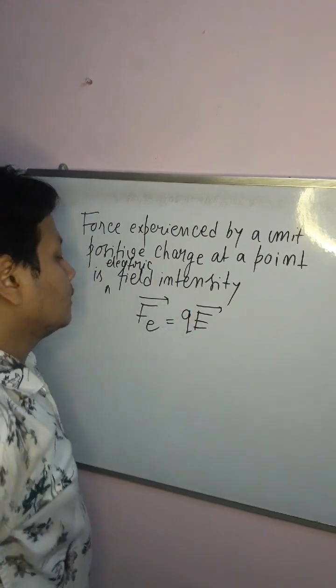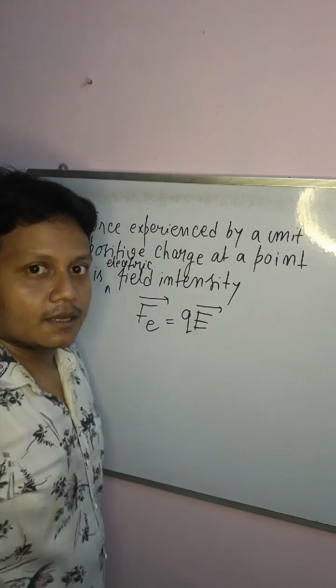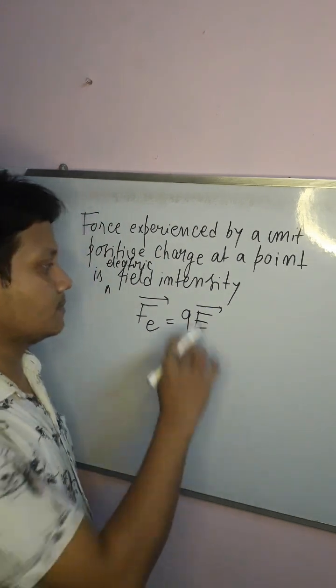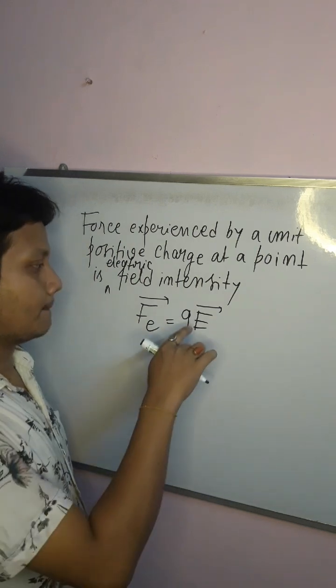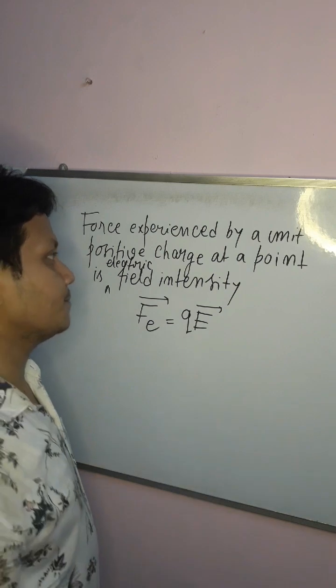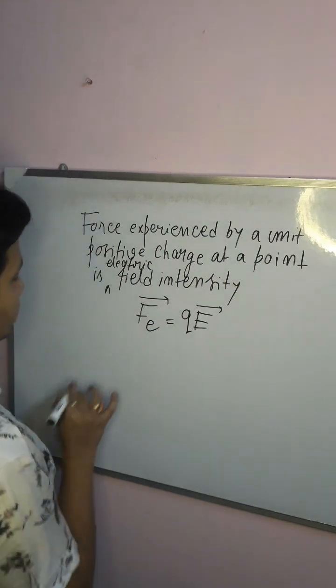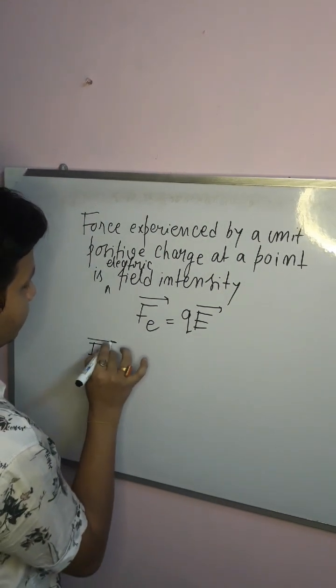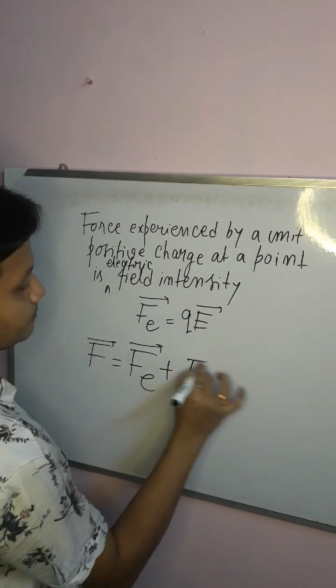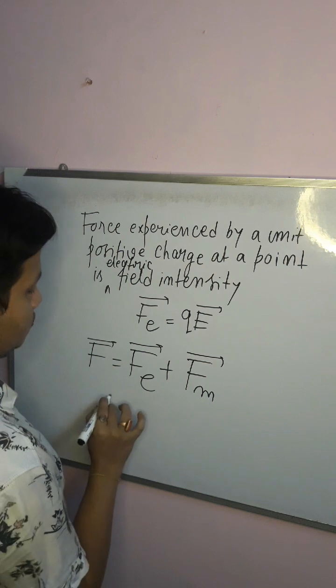This is the electric force because E is the force experienced by unit positive charge. So what will be the force due to Q charge? QE. Now what will be the total electromagnetic force? That is electric force plus magnetic force.